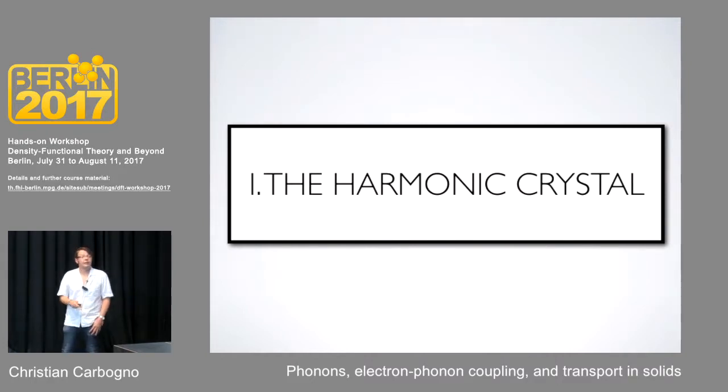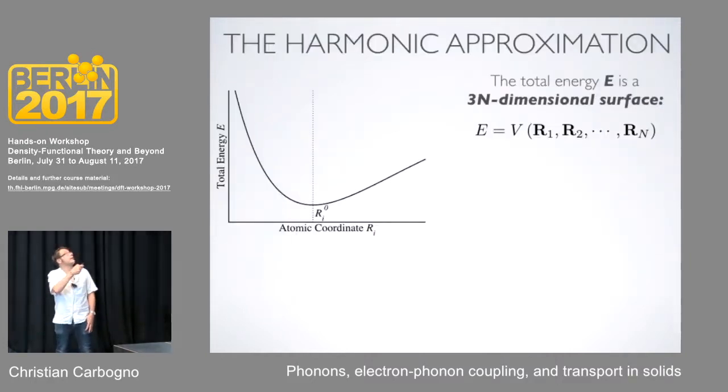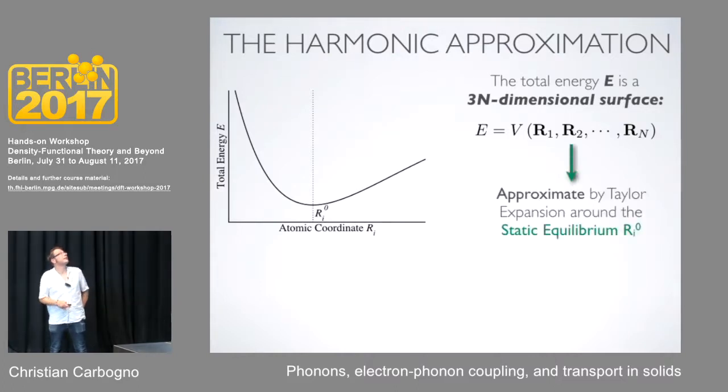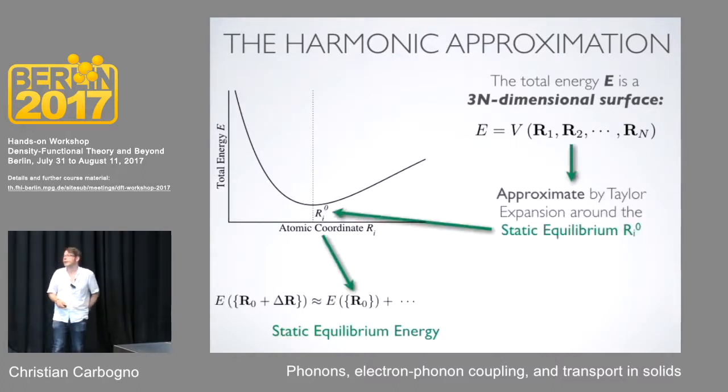And for that, you start with the potential energy surface. Obviously, in a real crystal, this is a 3N dimensional potential energy surface. Just here, you have this one dimension. And then you approximate this potential energy surface by a Taylor expansion. The first term is obviously the static energy here in equilibrium.